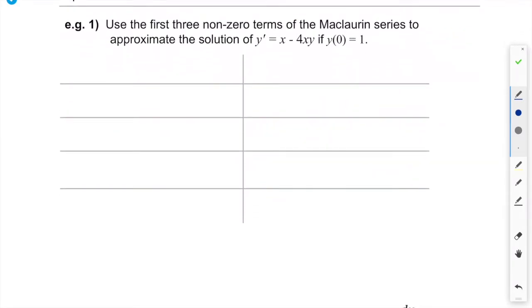We will be using the first 3 non-zero terms of the Maclaurin series to approximate the solution of y prime equals x minus 4xy if y of 0 is equal to 1. We know that the terms in the Maclaurin series include y of 0, y prime of 0, y double prime of 0, and so on and so forth.